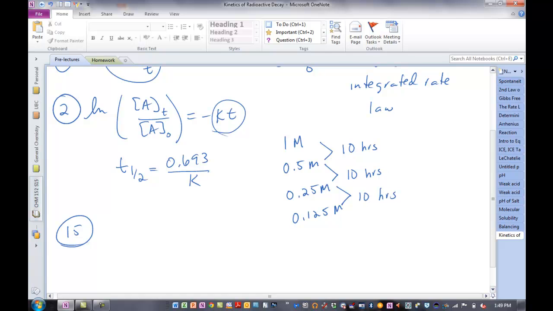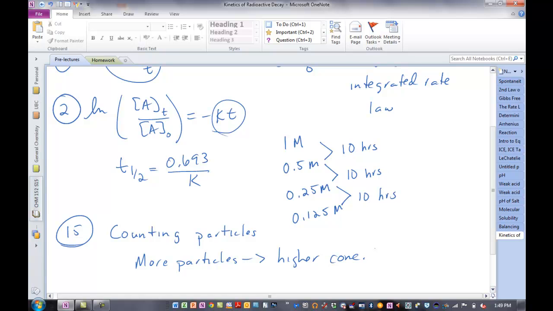But essentially, this radioactive material is kicking out particles, whether they're alpha particles or beta particles, and we're counting how many of those are coming off. Okay? So we're counting particles. More particles coming off means higher concentration, greater amount of that radioactive substance. Fewer particles coming off, lower concentration.